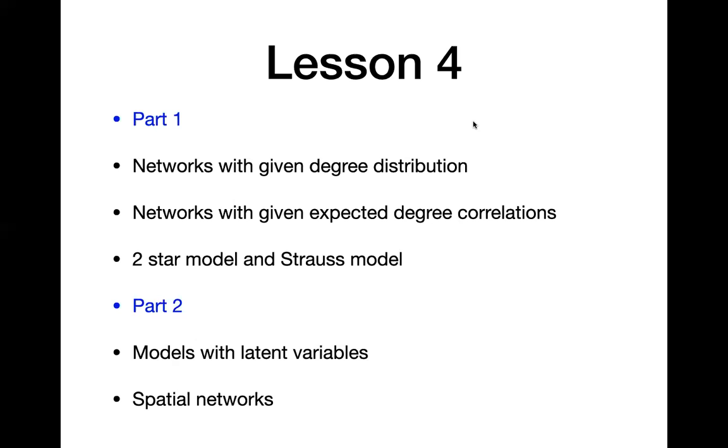We will go beyond the constraint on the pure degree sequence, but we will consider still linear constraints, which take into account latent variables associated to the nodes. The nodes can have a position in space or any feature that you want to input as an important aspect of determining the network structure.